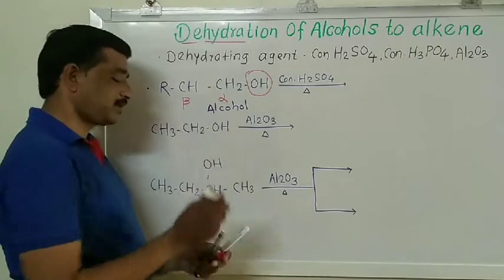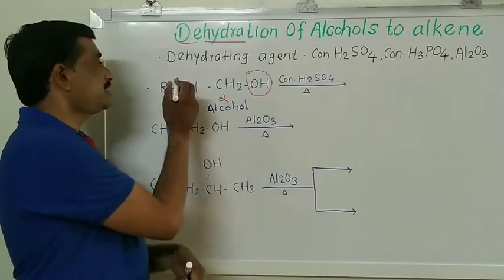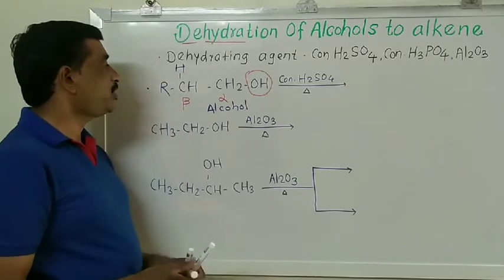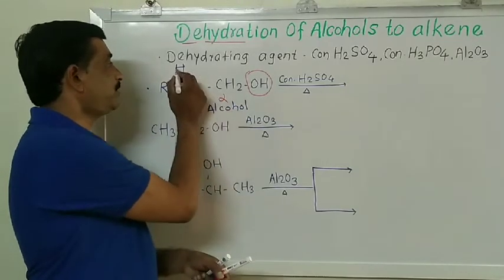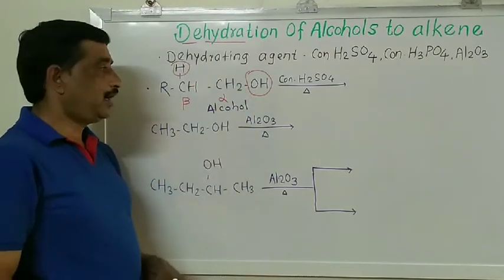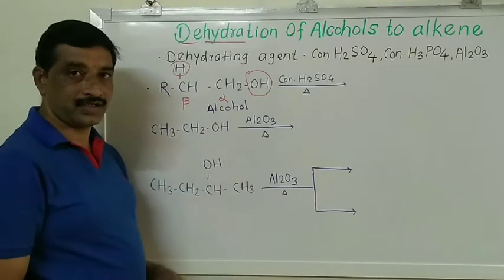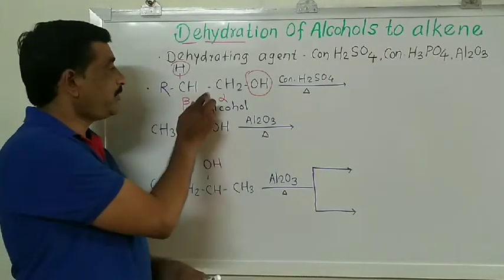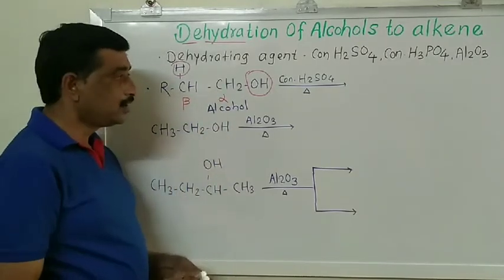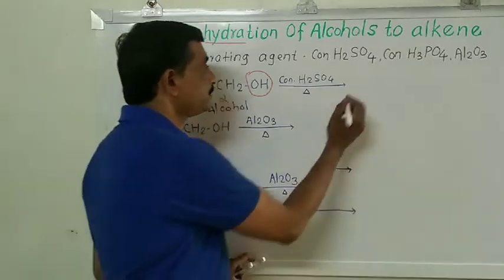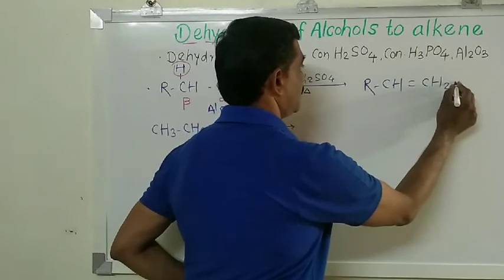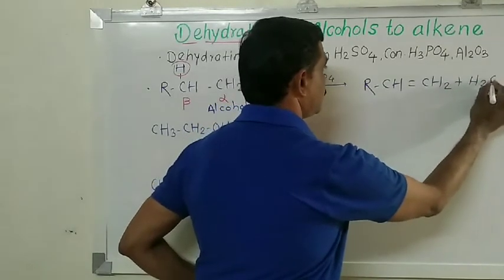So we write this CH2 as CHH. So hydrogen from the beta carbon atom and OH group from the alpha carbon atom are eliminated in the form of a water molecule, and the valence of 4 of this carbon atom is completed by forming a double bond between the alpha carbon atom and beta carbon atom. So we get the product RCH=CH2 plus water.